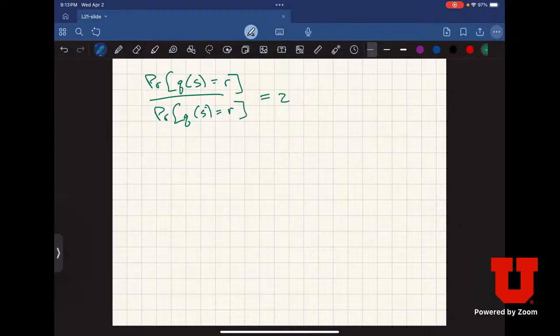Well, the implication is that if each is equally likely a priori, I'm twice as likely to predict that the true data structure is S and not S prime. So I think S might be twice as likely as S prime.